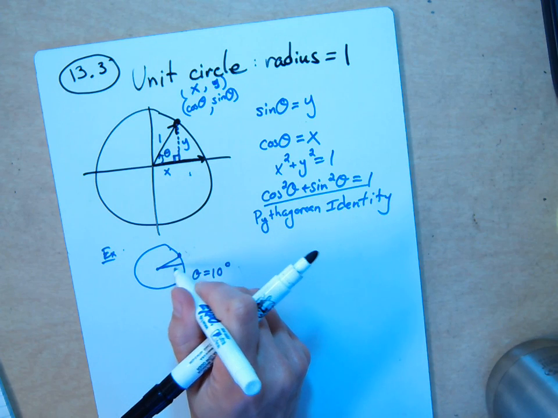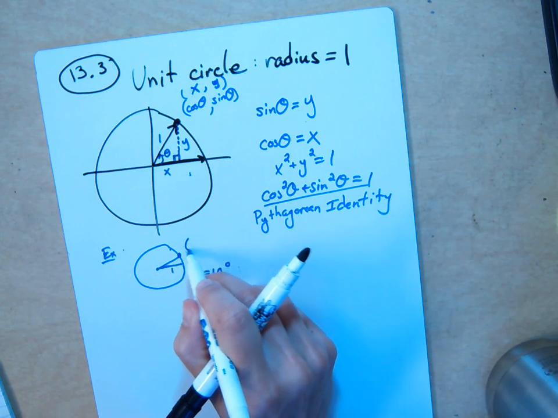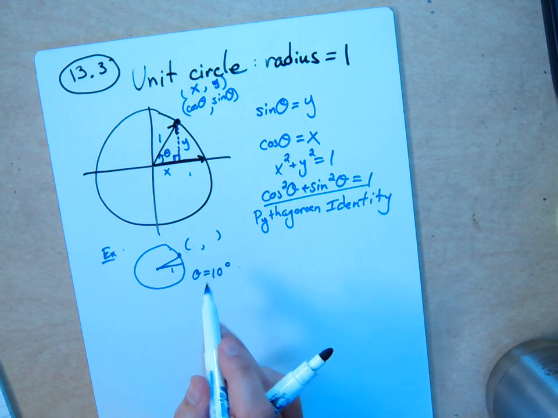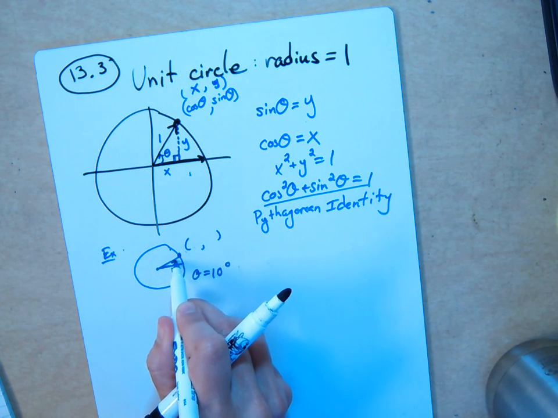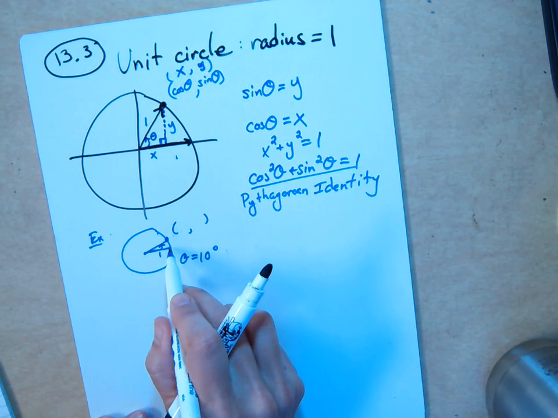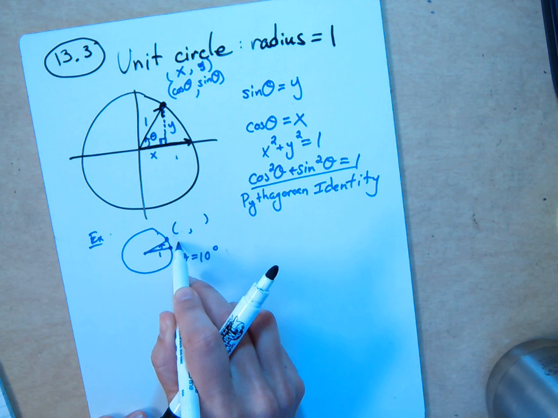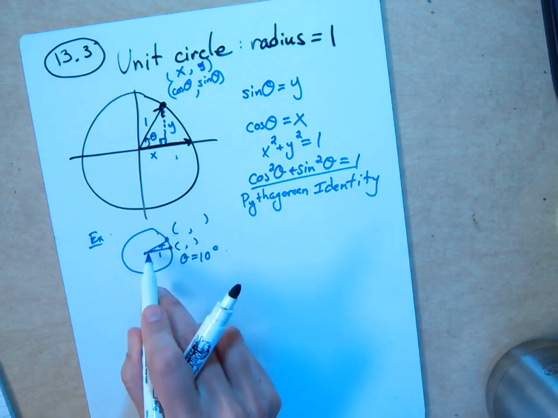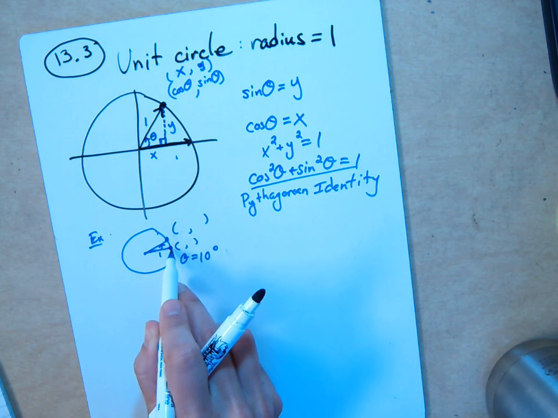Since the radius of the circle is 1, what would your guesstimate be on these coordinates? If I rotate 10 degrees like that, what do you think roughly the answer is? In fact, what are the coordinates right here? In the xy coordinate plane, how far to the right and up do I go to get to here?